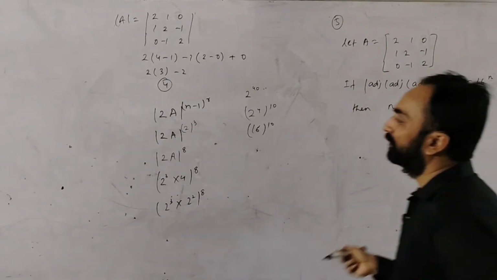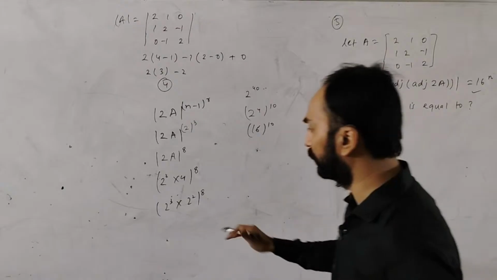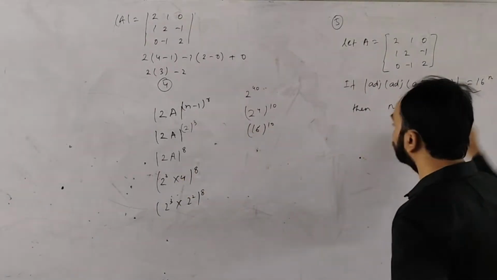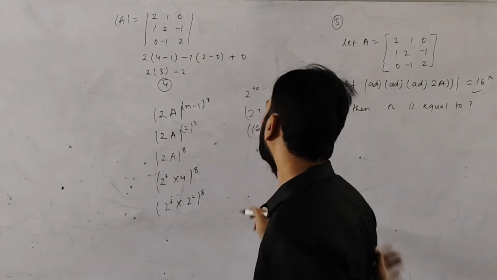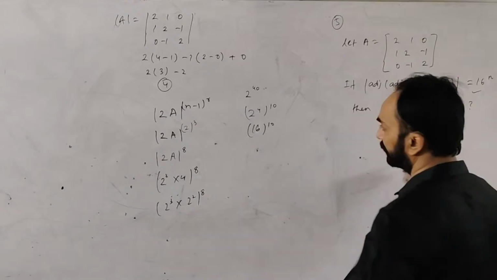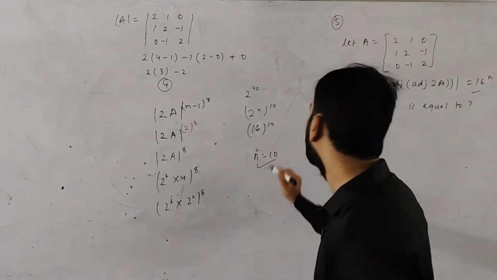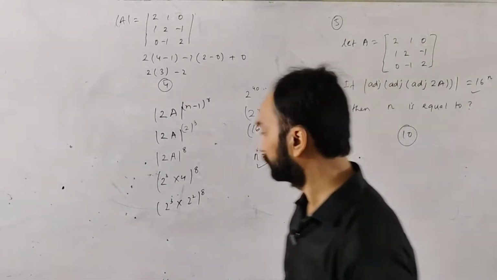Although it is not required to get the answer, since they are asking the answer in this form and they are asking the value of n, that is why we have to do this. So this comes out to be 16 to the power 10. Now it is balanced. So n value will become 10. So the answer in this case is 10. Correct?